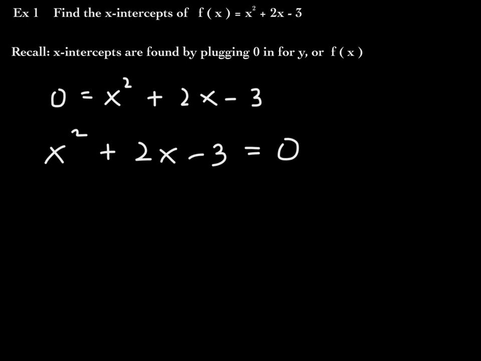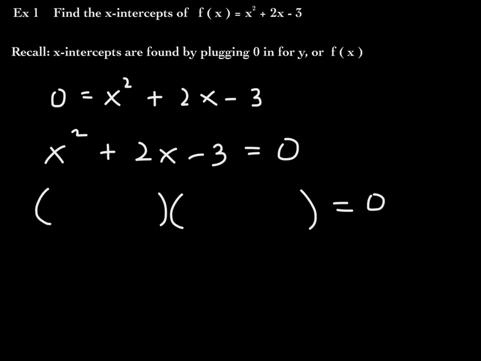To factor means to rewrite the sum of these 3 terms as a product of factors. So if it factors, then it's going to have to factor like this, as a product of 2 binomial factors, as a product of 2 term polynomials, all right?